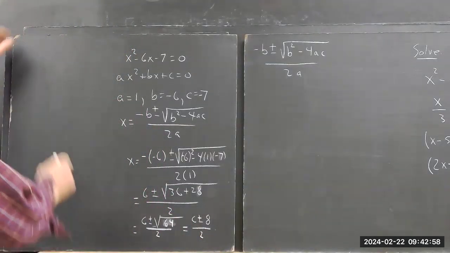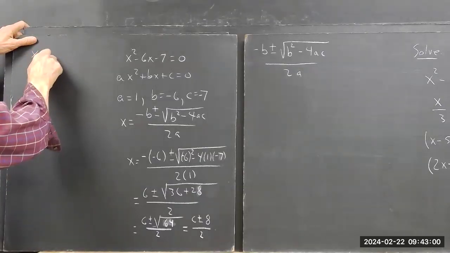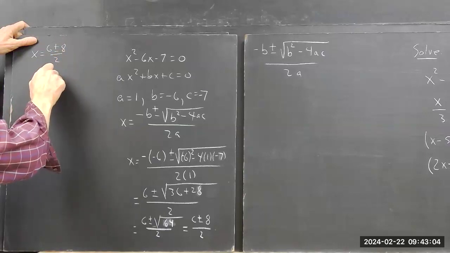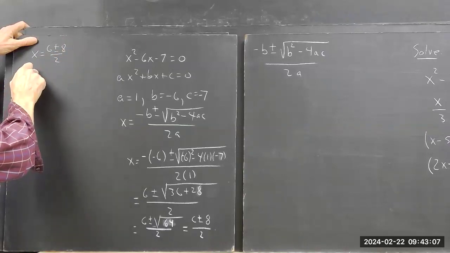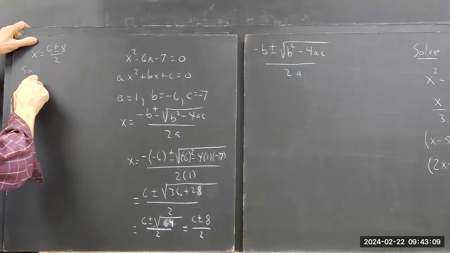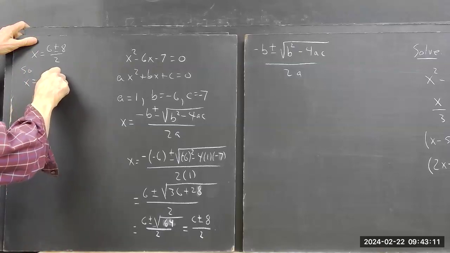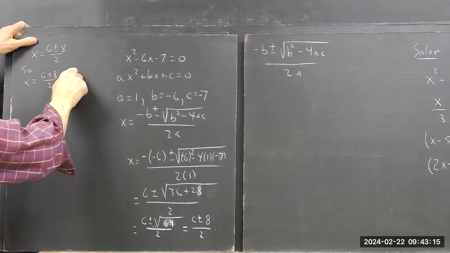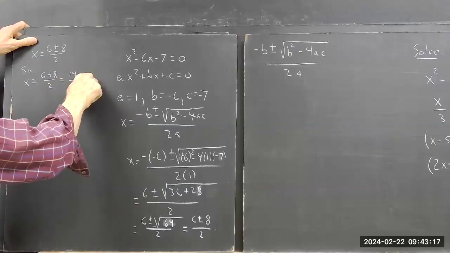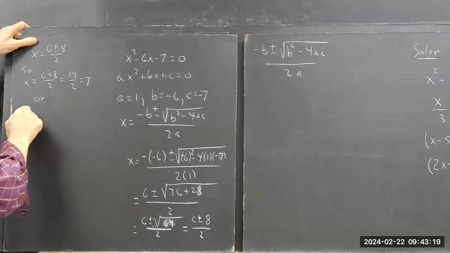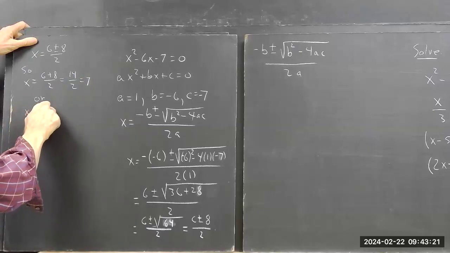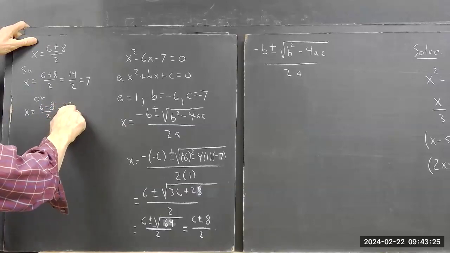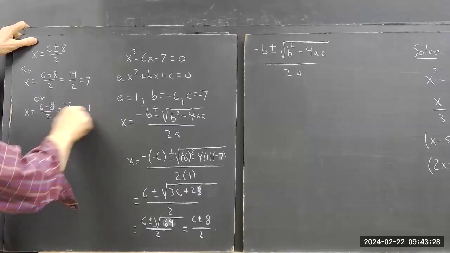Okay, so x is 6 plus or minus 8 over 2. So x equals 6 plus 8 over 2, which equals 14 over 2, which is 7. Or x equals 6 minus 8 over 2, which is -2 over 2, which is -1.